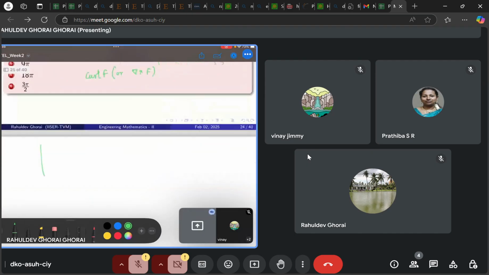That will be the determinant with i cap, j cap, k cap, del del x, del del y, del del z, and the components x square minus y, 4z, x square. That is equal to minus 4 i cap minus 2x j cap plus k cap.